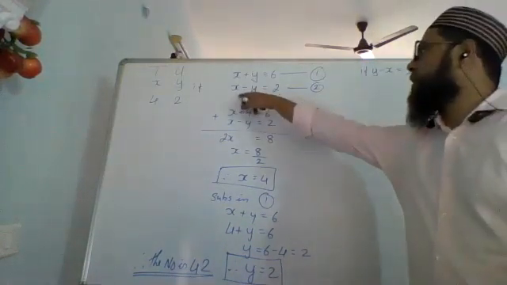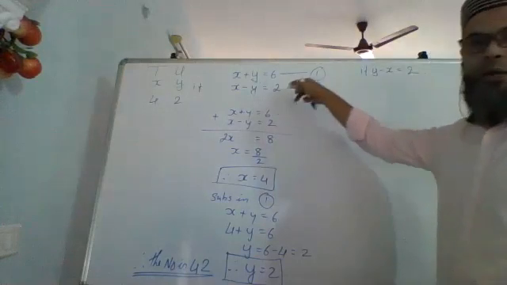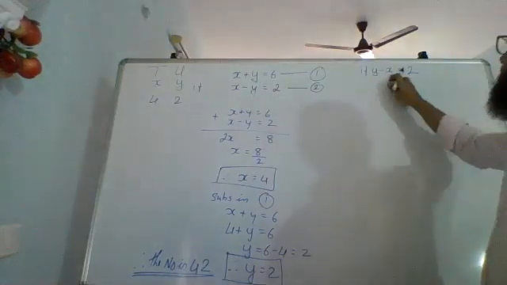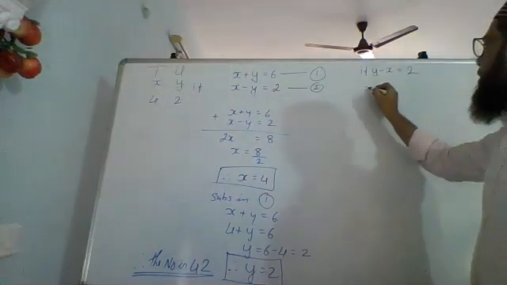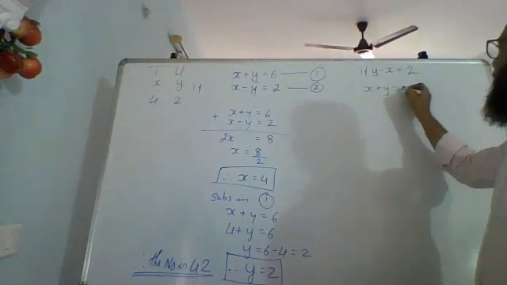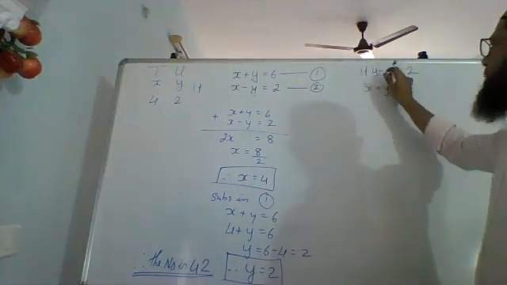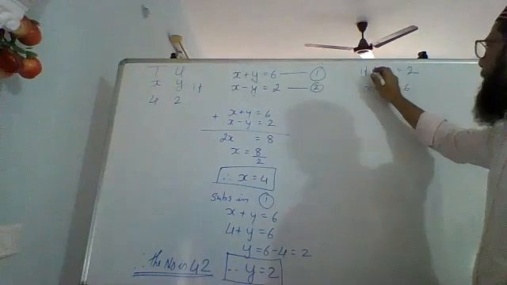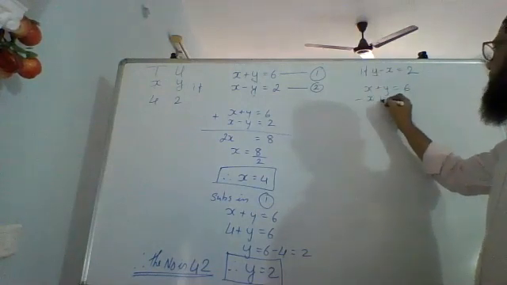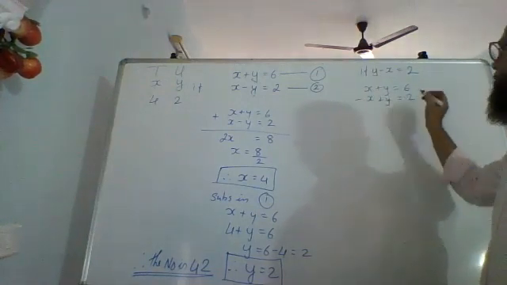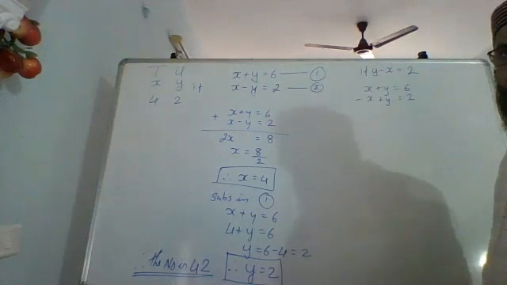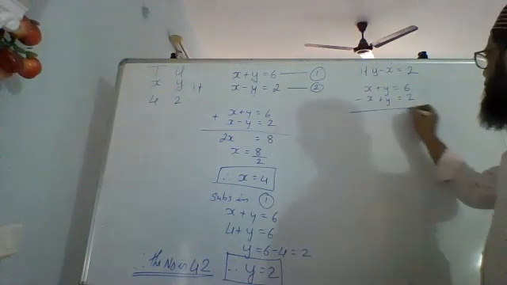We had said either x minus y is 2 or y minus x is 2. So you have x plus y equals 6, and y below y, minus x plus y equals 2.